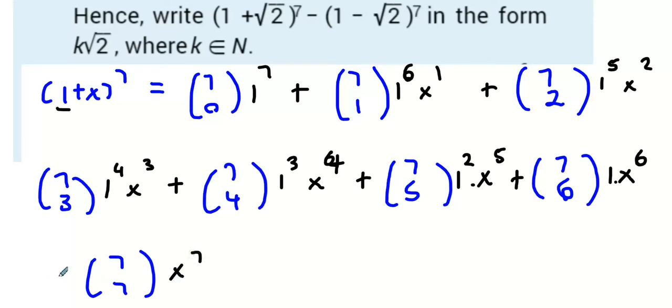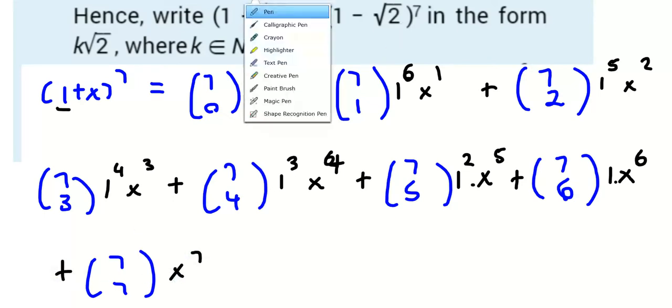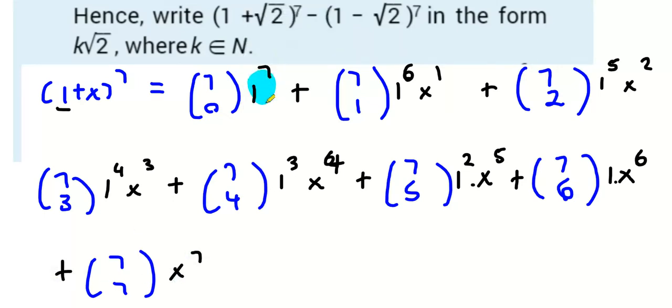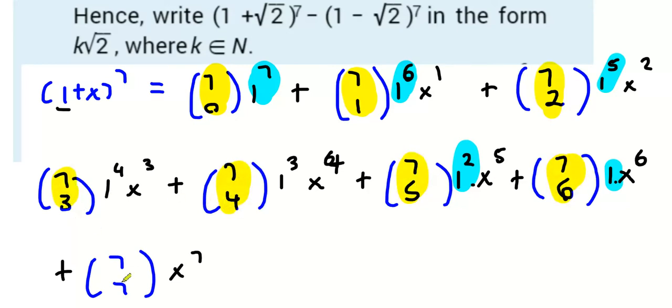All right, guys. The good news is you can ignore the ones, like Nathan said earlier. Those ones are always going to be 1, aren't they? So you can sort of ignore them. What you really have to work on is just putting in the 7C0, 7C1, 7C2. And it's symmetrical, all right? So you'll only have to do half of them anyway. So this should actually come out reasonably fast, we're hoping.